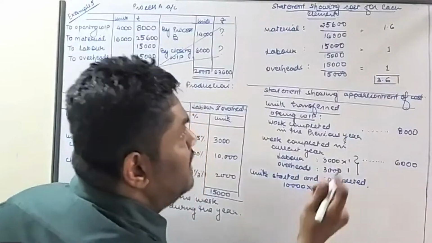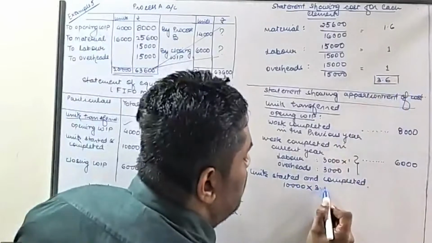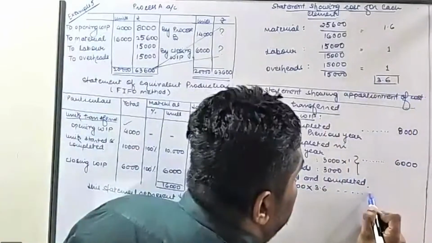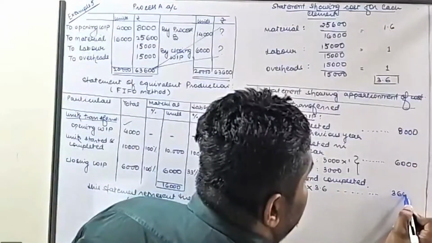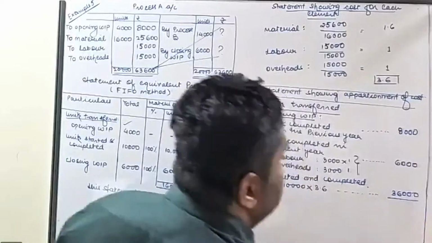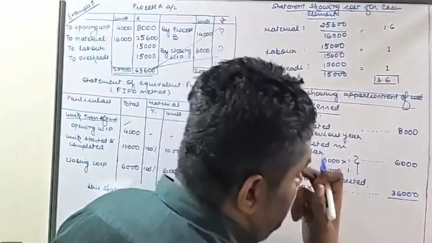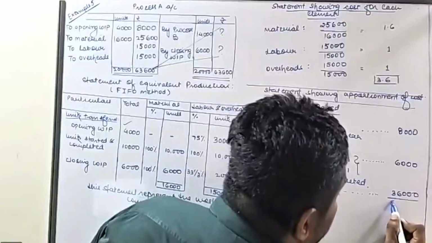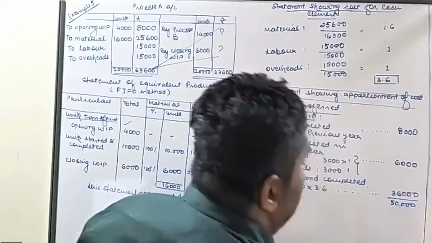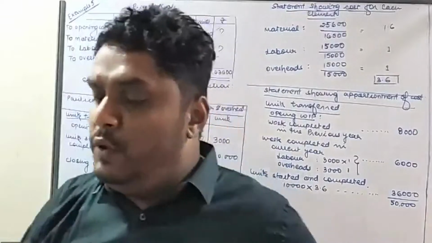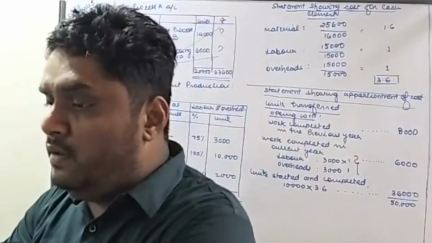So 10,000 units into 3.6, the total cost. So this will be 36,000. So I think this will be 50,000. So this is the value of units that are transferred.